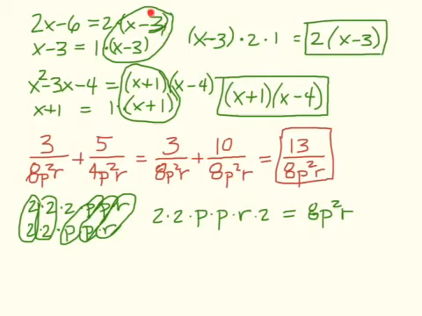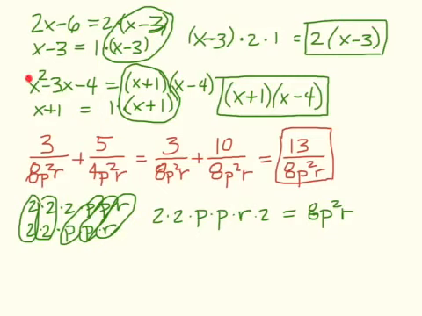So I circle the numbers that are in common. That's the x minus 3's. I write that down one time, and I write everything else down one time that's not circled. So I wrote down the 2, and I wrote down the 1. X minus 3 times 2 times 1 is 2 times x minus 3. So the least common multiple of 2x minus 6 and x minus 3 is 2 times x minus 3.